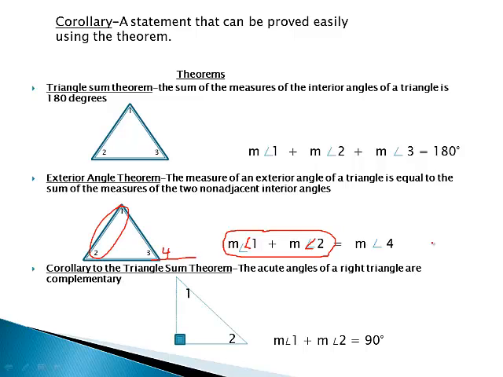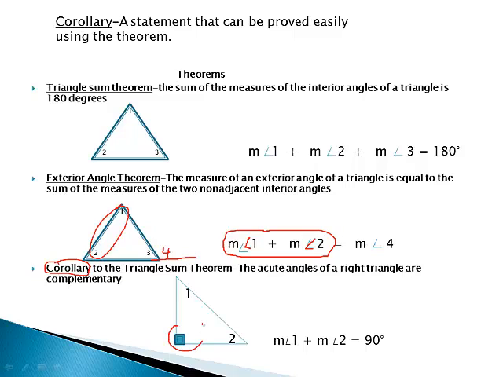And the corollary, this is where we first see our corollary. We have the corollary to the triangle sum theorem. The acute angles of a right triangle are going to be complementary. And again, that's easily proved because we know, using the triangle sum theorem, one of the angles already is going to be 90 degrees.